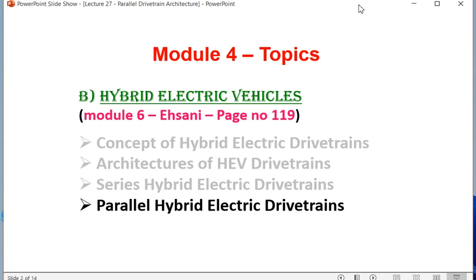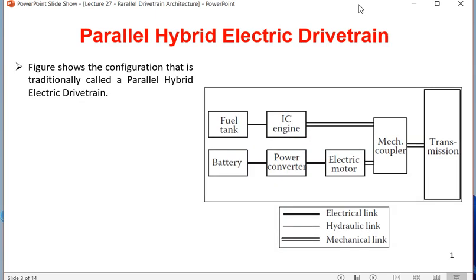In case of parallel hybrid electric drivetrain, this diagram was shown to you previously. We are finding that the primary source is the fuel tank. This can be petrol, this can be diesel, fossil fuel. This fuel tank is giving its hydraulic fuel to the IC engine.